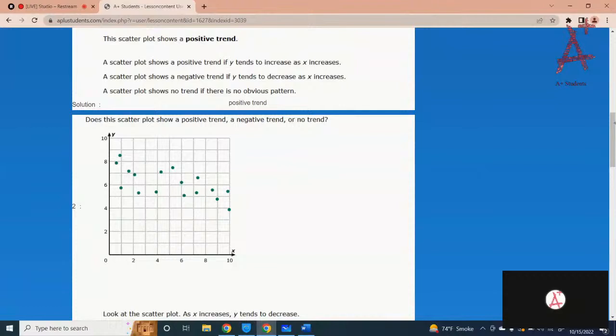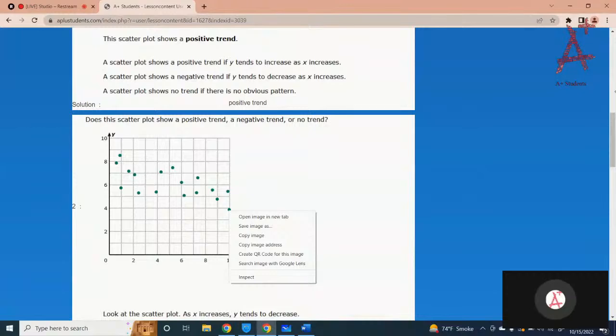So x values are increasing, but y values are decreasing. When x is 1, y has a maximum value here. When x is 2, then here you have y. See, when x is 10, the y value is here 4. That means the increase in x causes a decrease in y. Got it? That means it's a negative trend.